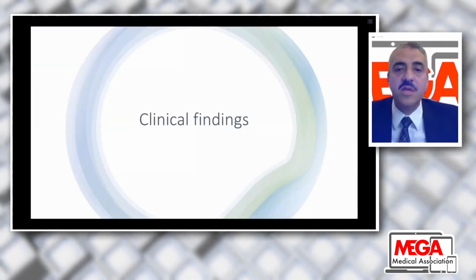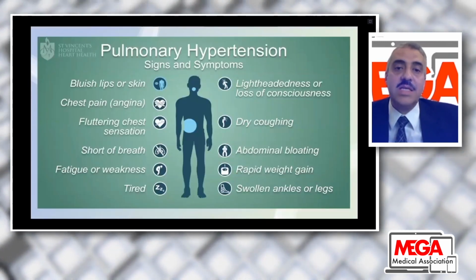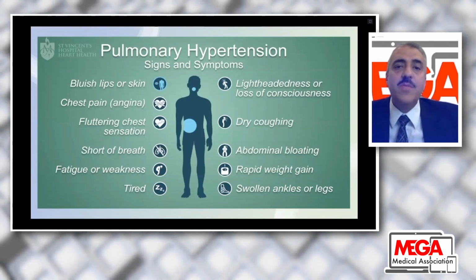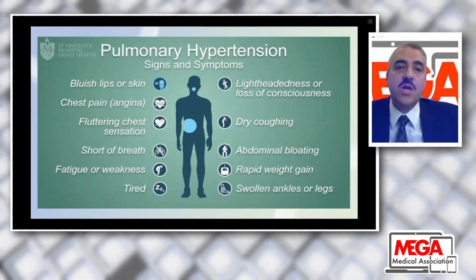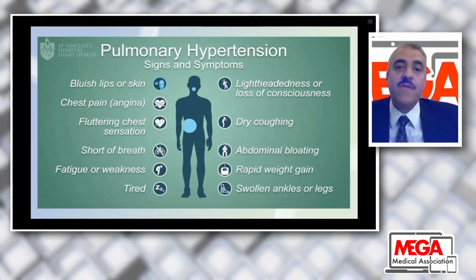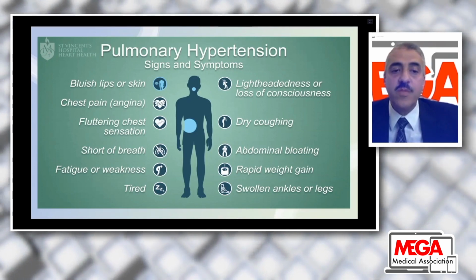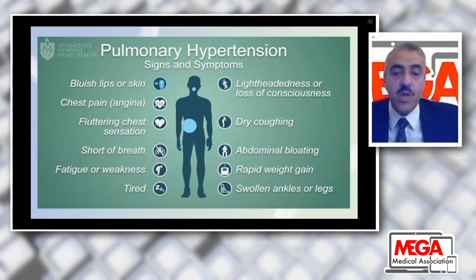The clinical findings in such a patient: the most important is dyspnea. However, the patient might complain of bluish lips or skin, or cyanosis, anginal pain, feeling of arrhythmias or a fluttering chest sensation, dyspnea or shortness of breath, fatigue or weakness.